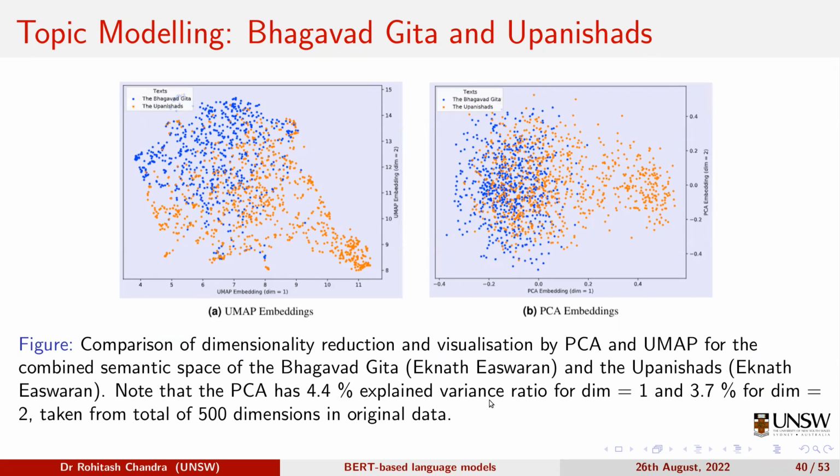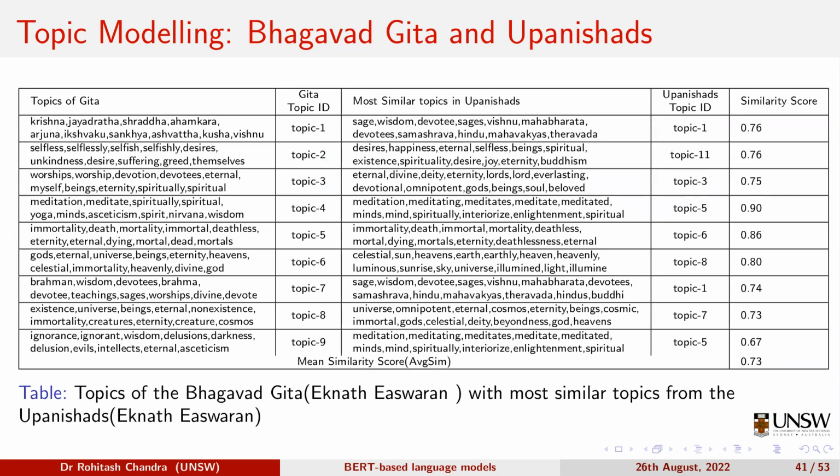That basically says this visualization is not that accurate, because it's taking less than 10% of the explained variance ratio, but it just gives us some kind of overview.